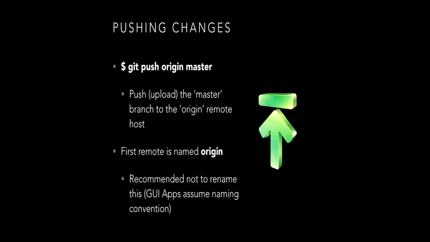Then pushing is different than doing a commit. So on your local repository, what we've demonstrated so far is basically doing a commit to the local repository only. Pushing actually then says, okay, all the changes we've made locally, push those up and save them, commit them to the remote repository so that others see those changes.